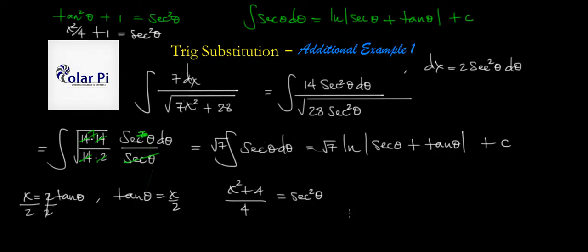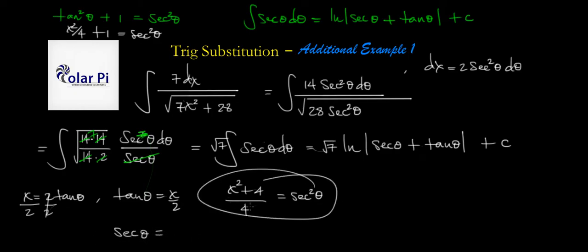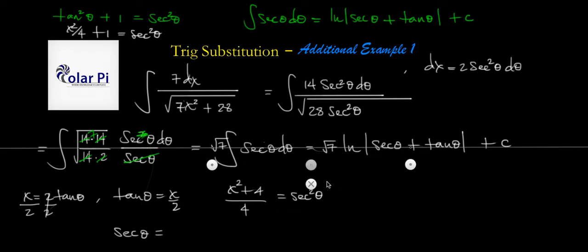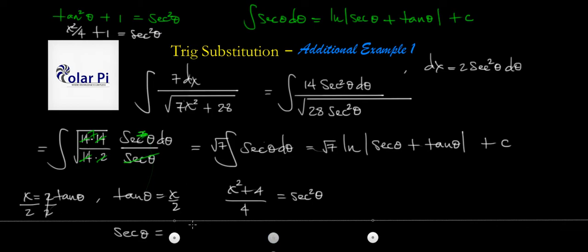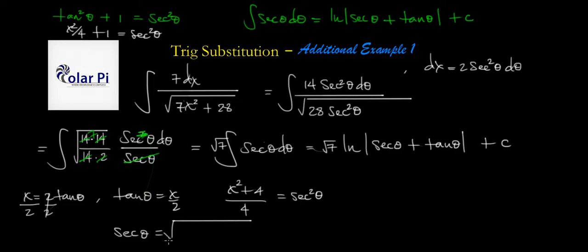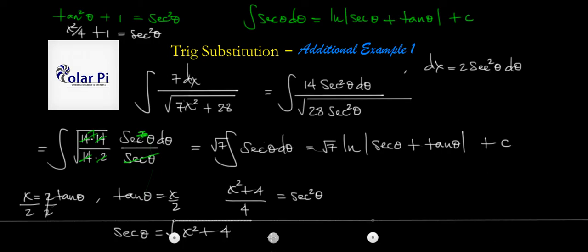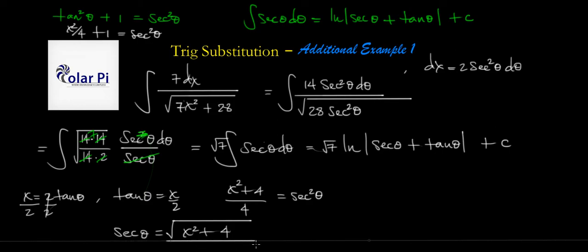And so taking the square root of both sides of this equation, we see that secant theta is going to be the square root of x squared plus 4 in the numerator, and in the denominator, the square root of 4, which is 2. So I've got secant theta right here, and then I've got tan theta right there.